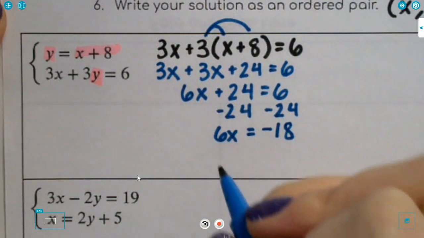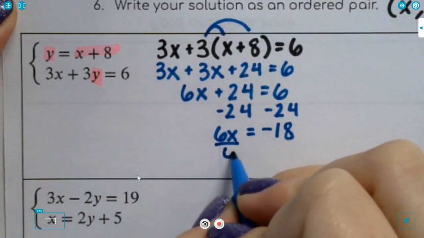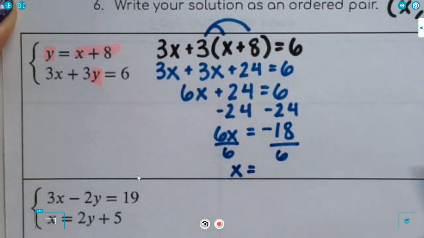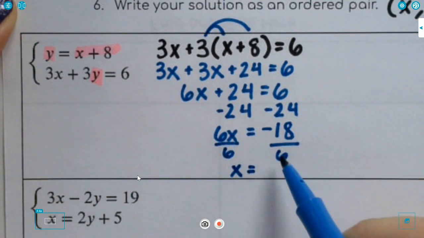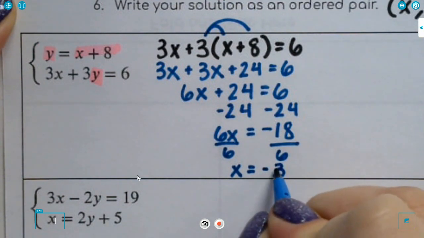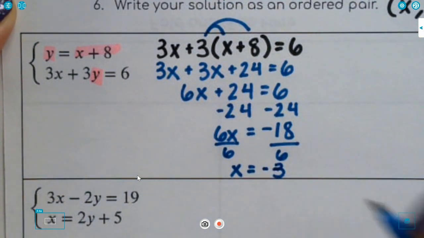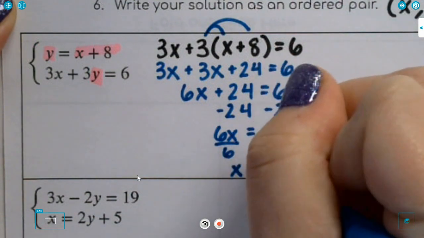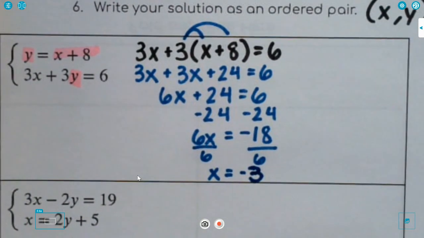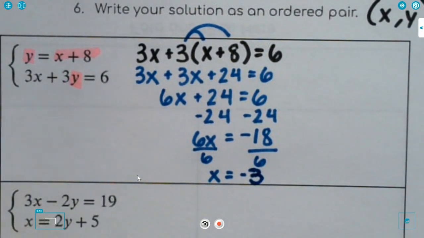And then I divide both sides by 6. You get x equals negative 18 divided by 6, which is negative 3. Weird looking 3, sorry. Okay. So that was step 3, to solve my equation for my first variable.